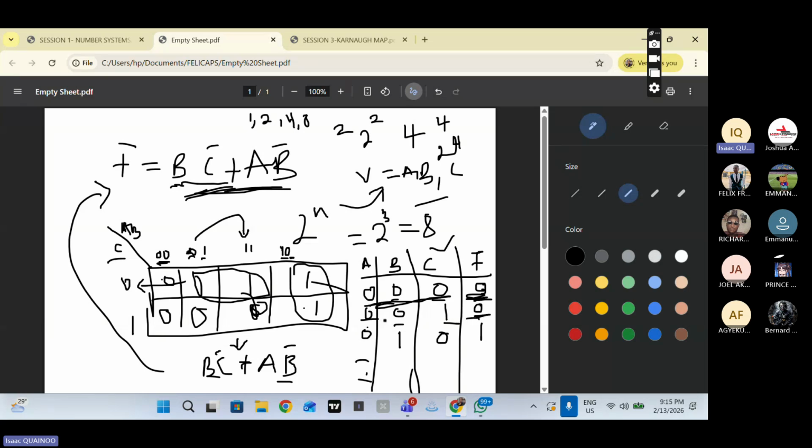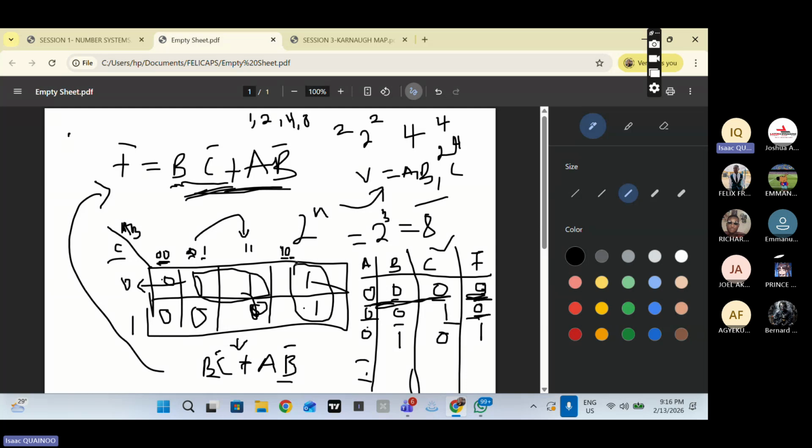So we already know our set of all possible inputs for a 3 variable expression, right? Whenever we have 2 variables, we know you have 0 and 0, 0 and 1, 1 and 0, and 1 and 1.